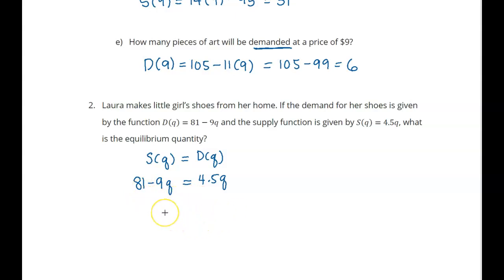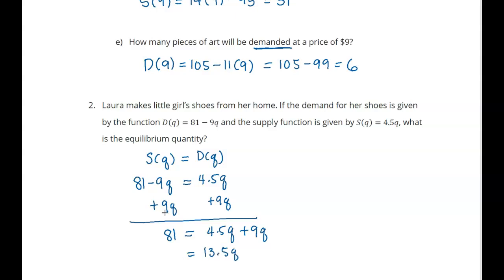So we can do this by adding 9q on this side here and also on the other side. So adding 9q on both sides, we get 81 is equal to 4.5q plus 9q, and 4.5q plus 9q is 13.5q equal to 81.